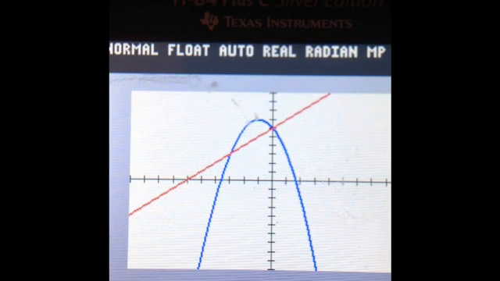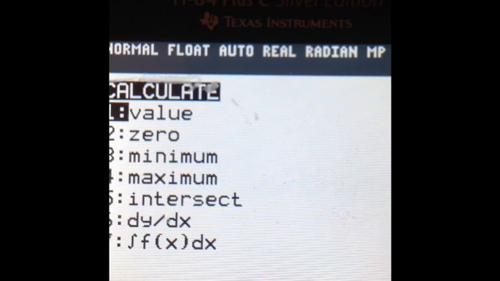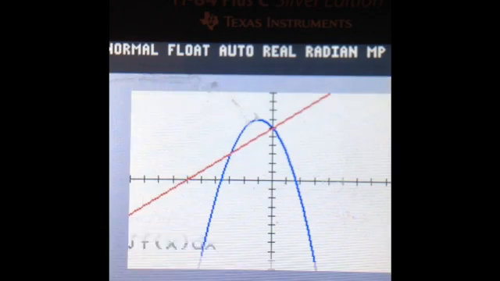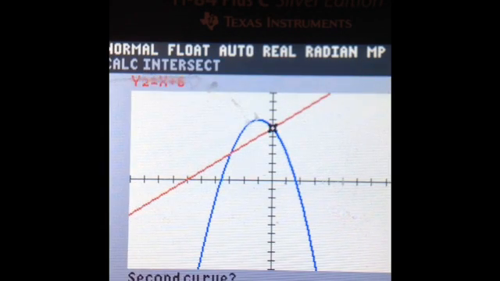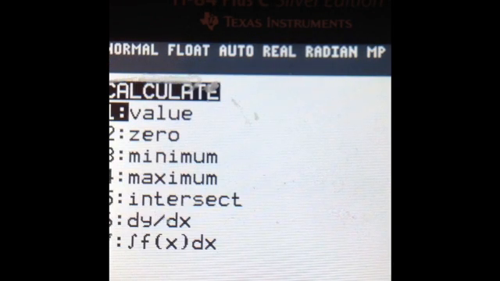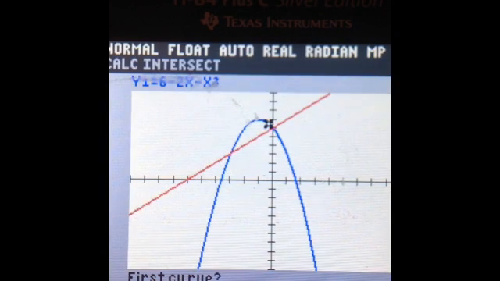And so we're going to find our intersecting points. And just as we discussed before, that's 0, 6. We're going to find our other one. And so we have negative 3, 3.